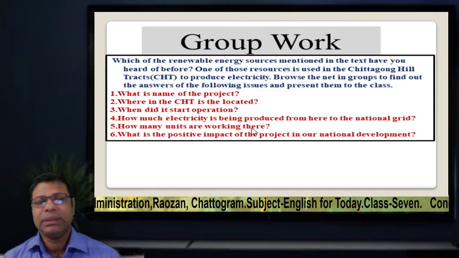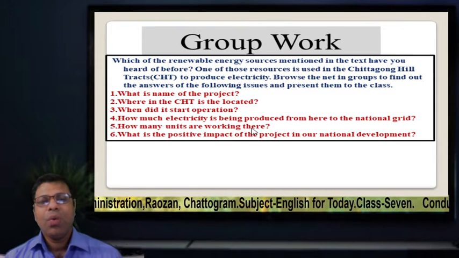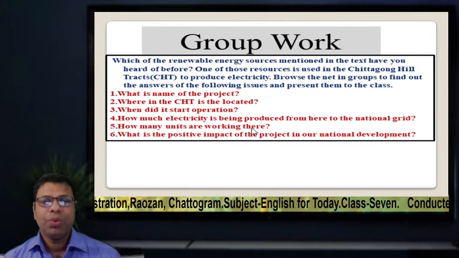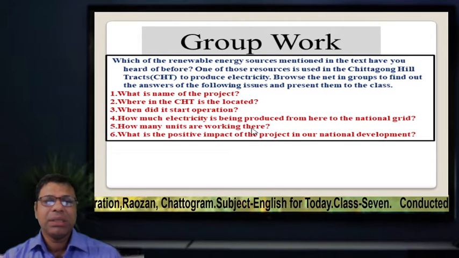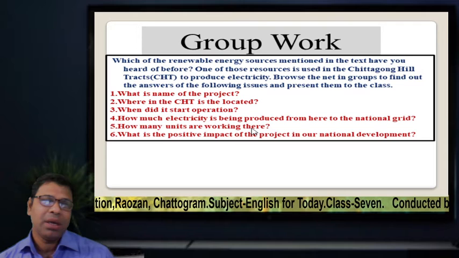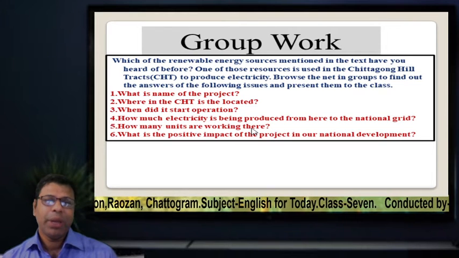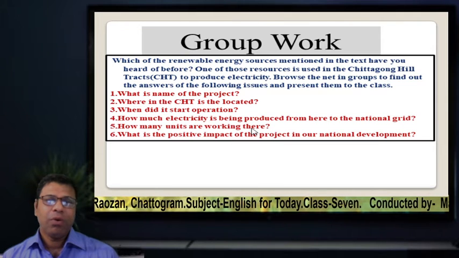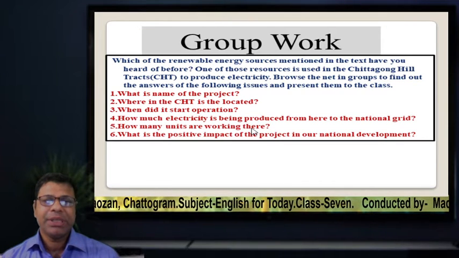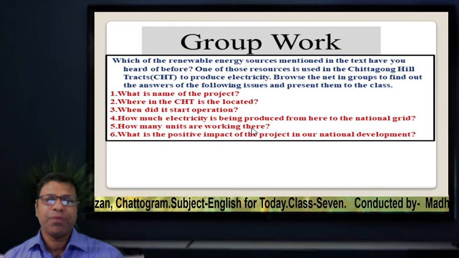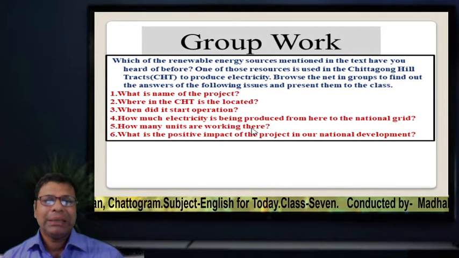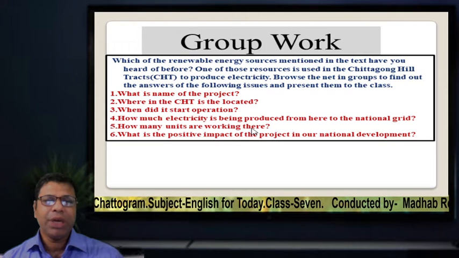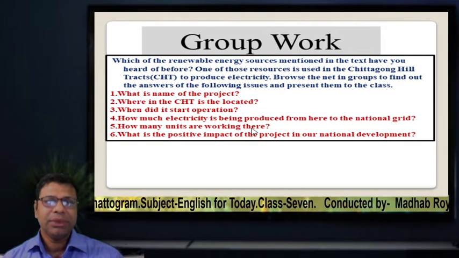Dear students, first one, what is the name of the project? Two. Where is it located? Three. When did it start operation? Four. How much electricity is being supplied from here to the national grid? Five. How many units are working there? Six.